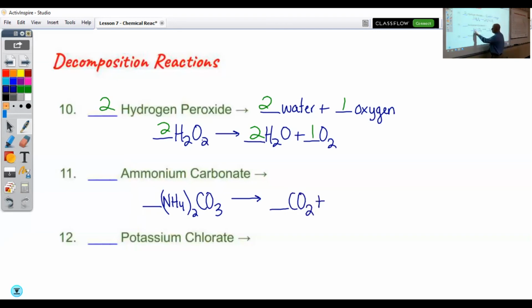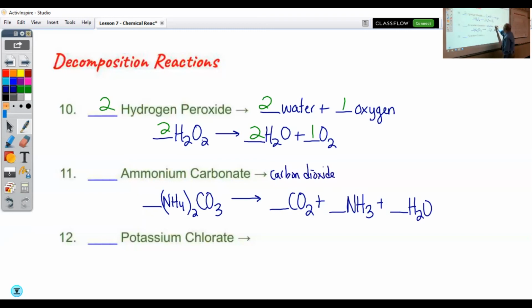The second thing is these ammoniums are going to break down to form ammonias, and there'll be 2 of them. And you'll notice that we have 2 hydrogens left over and 1 oxygen. So of course, that's going to make water. So in terms of our names, we're going to have carbon dioxide.